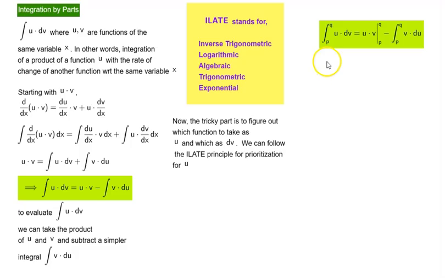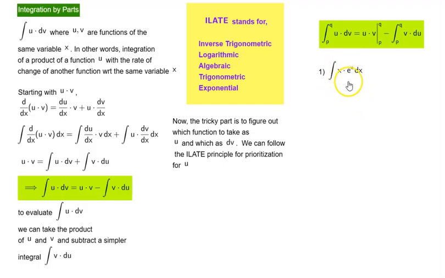As far as the definite integrals are concerned, we just take it as the integral of u times dv from p to q is equal to u times v from p to q minus the integral of v times du from p to q.